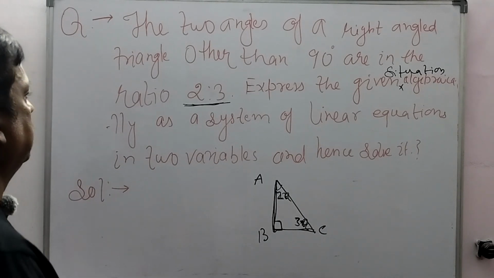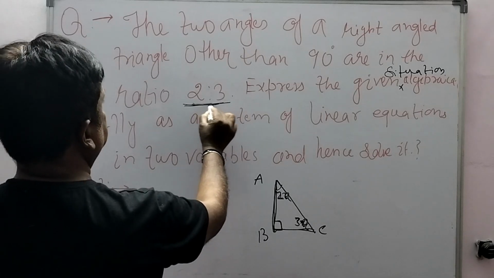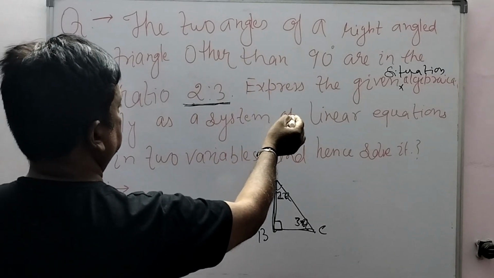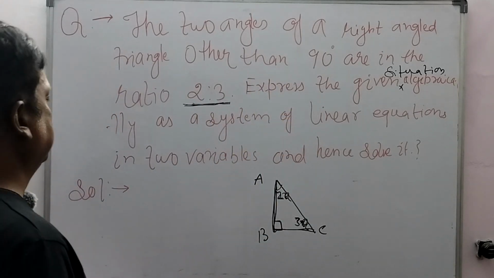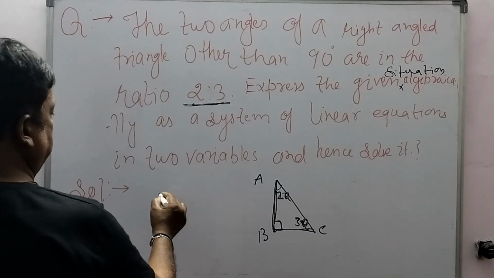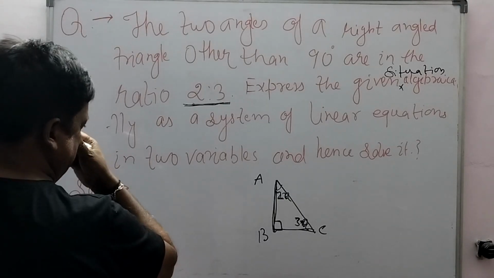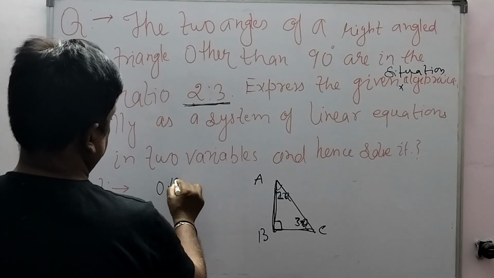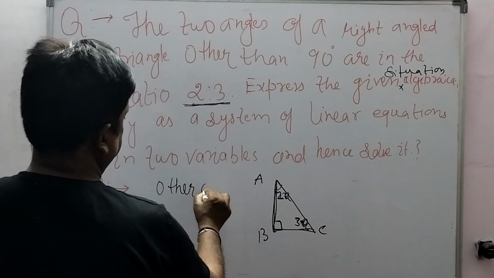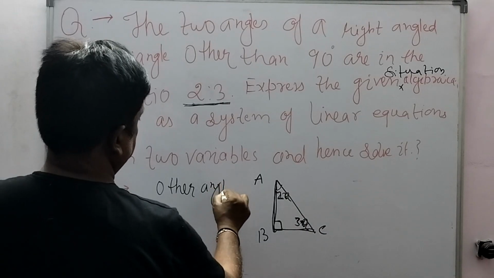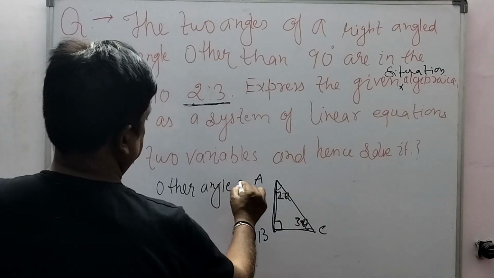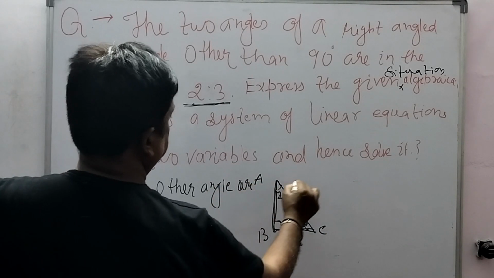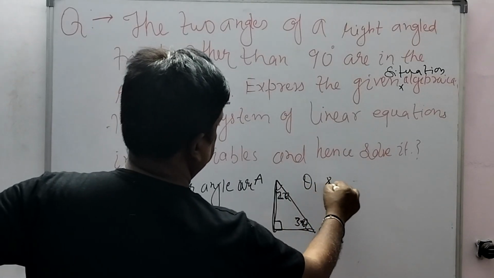Then how can we write this algebraically? Suppose the other angles are theta 1 and theta 2.